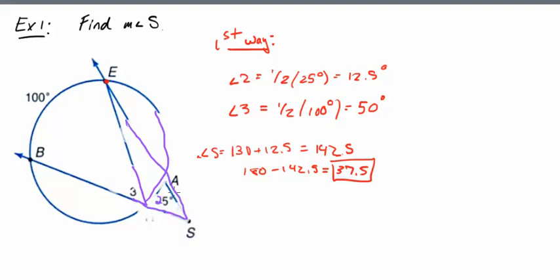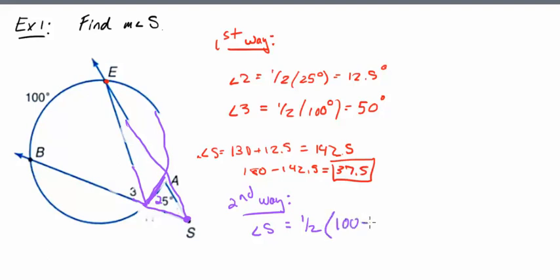Okay, what's important though is that we have this arc of 25 degrees and arc BE of 100 degrees. So our theorem said that angle S is going to equal half the positive difference of those two arcs. Okay, you want to remember this angle is outside of the circle, so we are finding the difference between the two arcs.